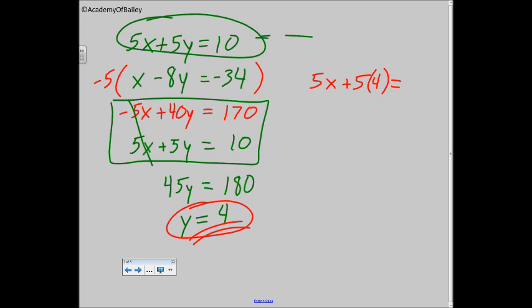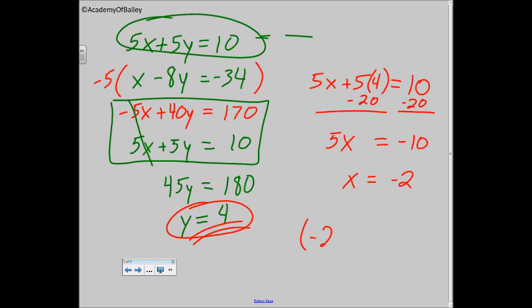Y is 4, and that's equal to 10. Now let's solve this out for x. We're going to subtract 20 from both sides, leaving us x is equal to negative 10. Divide both sides by 5, x is equal to negative 2. There we go. Negative 2 for x, 4 for y.